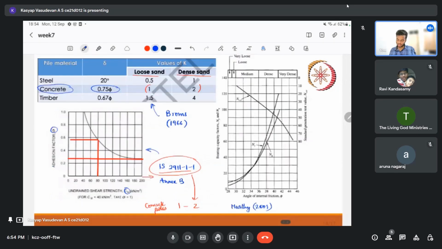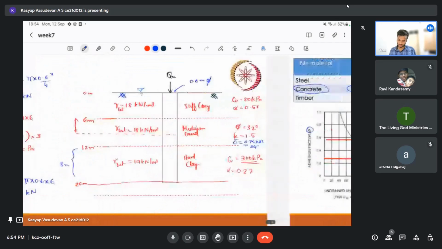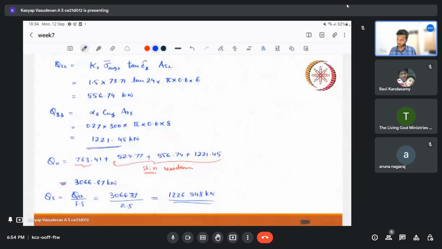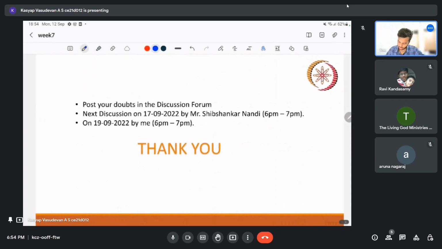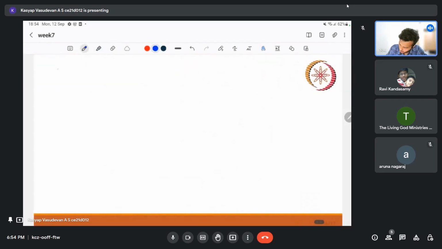So that is the idea. Here I have to say one important thing before we wind up. In the IS code, I would suggest you go through it, because there is 2911. As I told, there are four different sections. All four are very similar to each other, only a few numbers are different.